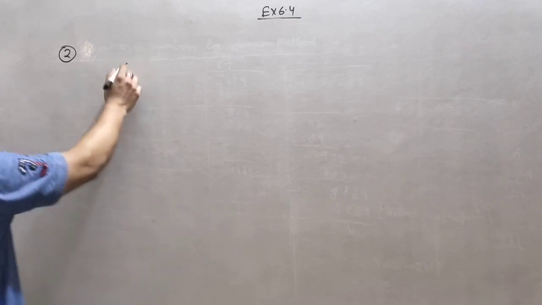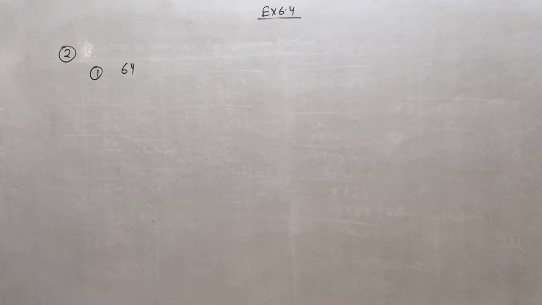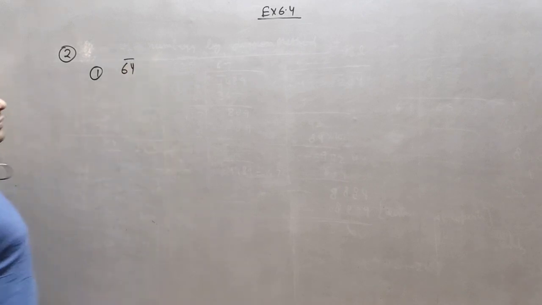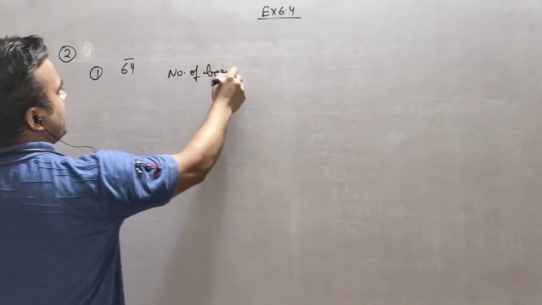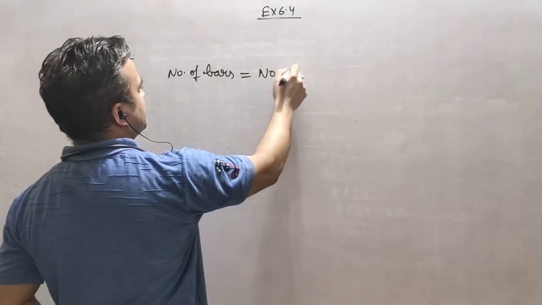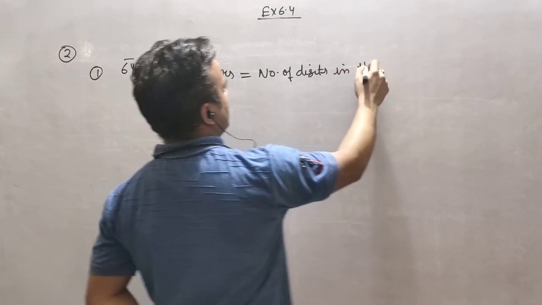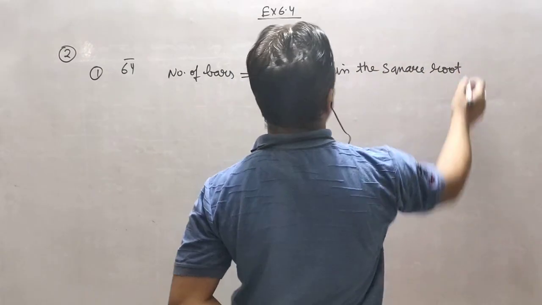Suppose I am taking 64. If you start to find the square root, you will place a bar first. How many bars do we have to place here? One bar. So the number of bars, I'm giving you this formula, is equal to the number of digits in the square root. Simple.